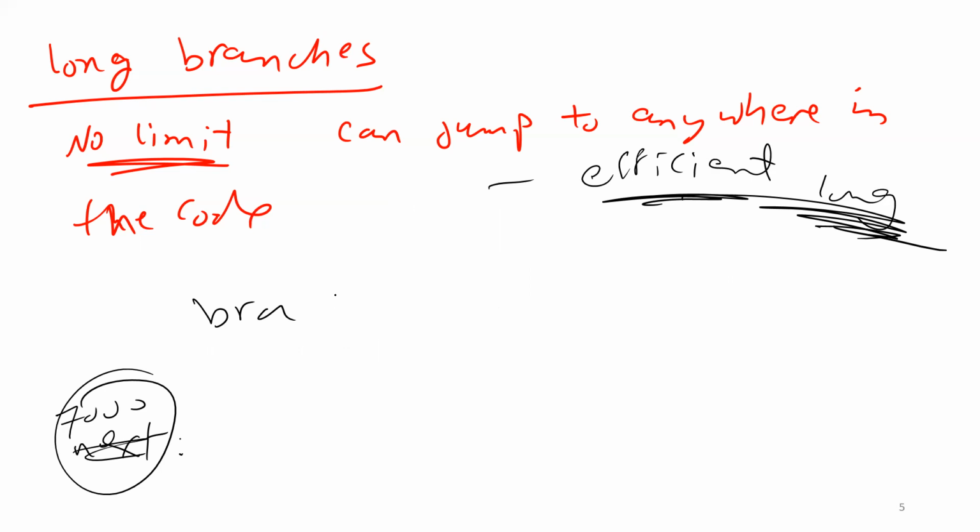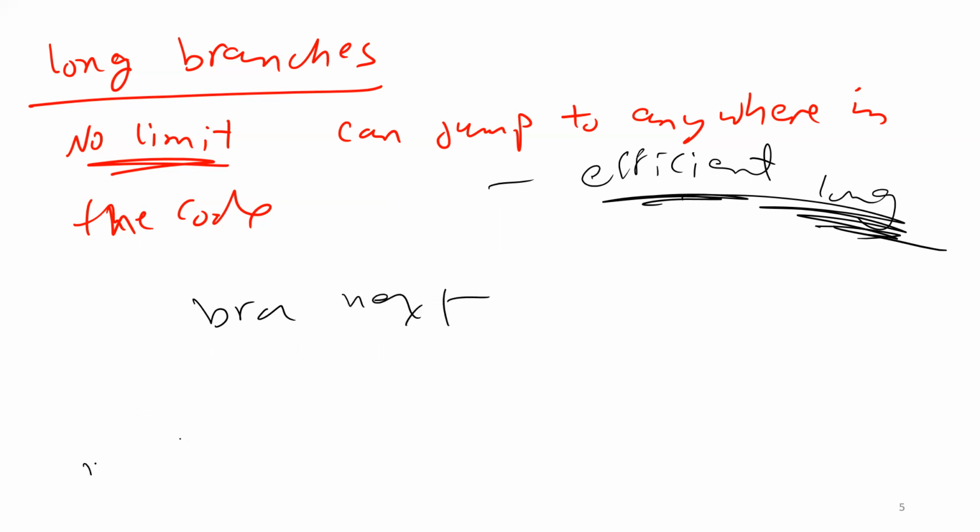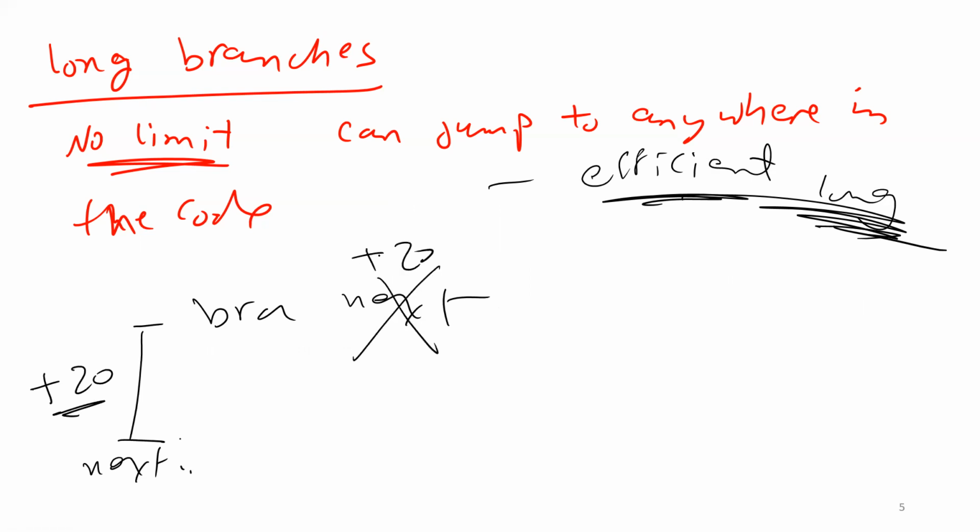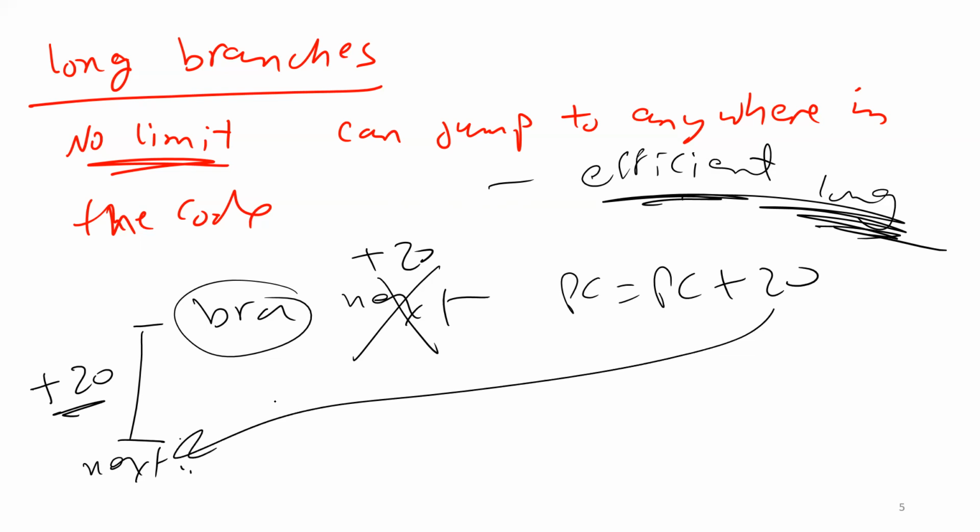If I want to go to next, from here to here should be plus 20. So here I'm going to say plus 20, right? Instead of the whole address, the shift. So how is this branch going to be taken? PC should equal PC plus 20. Come to here. You got what I'm saying?